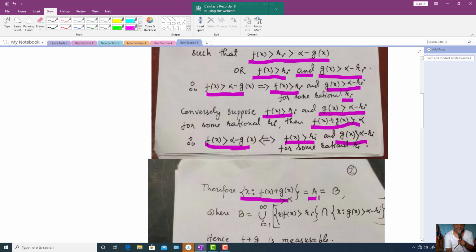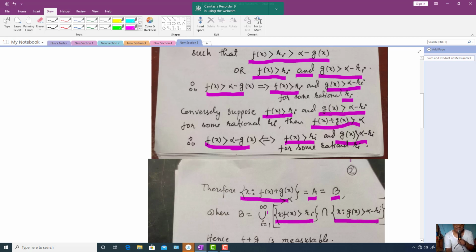This is equal to A. So this is B, derived from this one. What is B? B is the union, i running from 1 to infinity, of the set of x such that f of x is strictly greater than Ri, and this conjunction "and" is replaced by intersection, x such that g of x is strictly greater than alpha minus Ri.